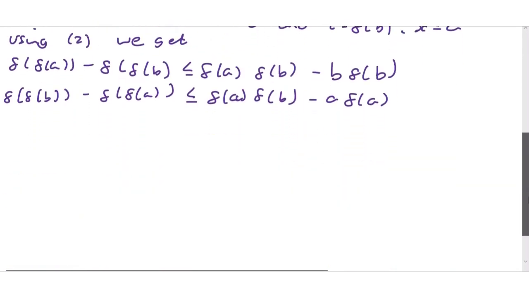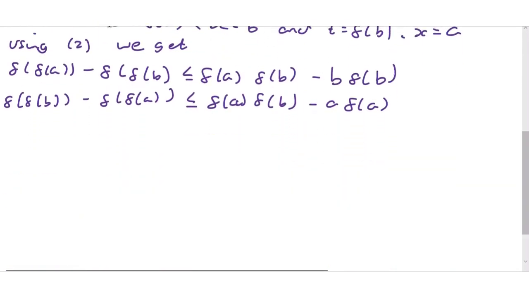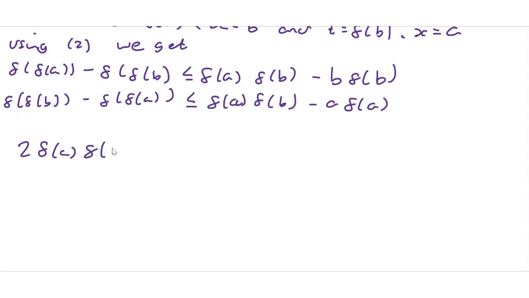So let me just scroll down a bit. And when we add the two inequalities, we get that 2 f of a f of b is greater than or equal to a f of a plus b f of b.